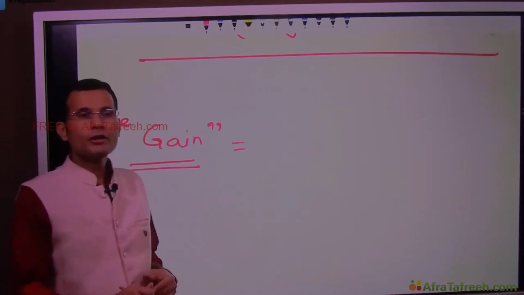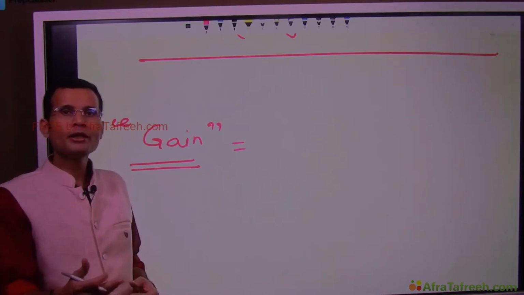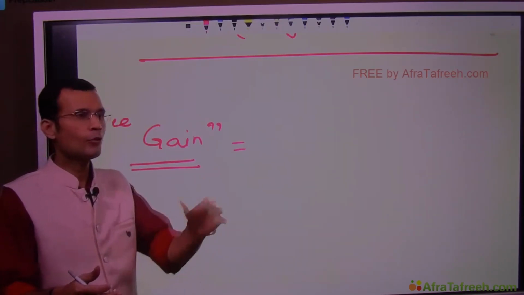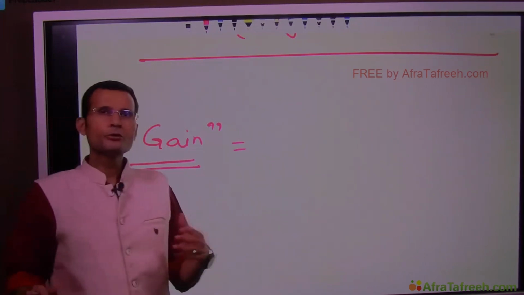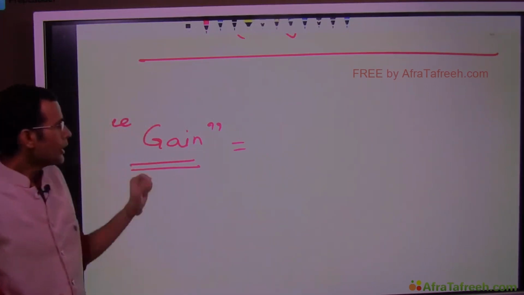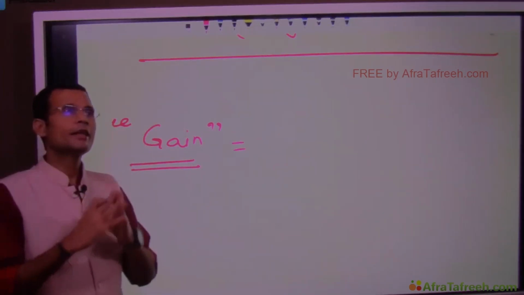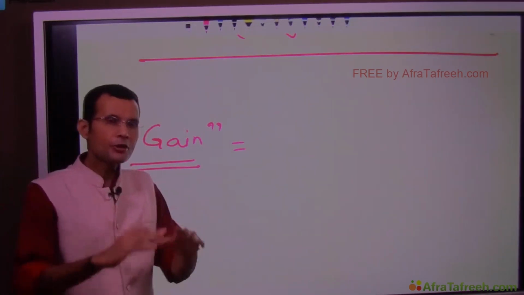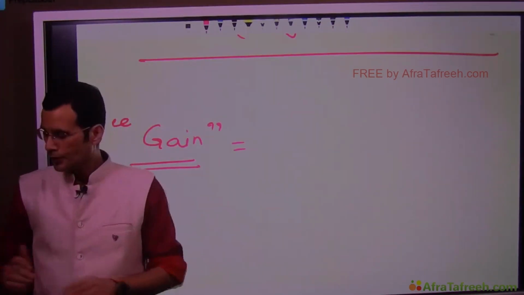This term is not being used the way we use it in normal conversation. What's the gain for me? No. This term is generally used in engineering. So first of all, keep this in mind, that gain is the measure of efficiency of a negative feedback mechanism.